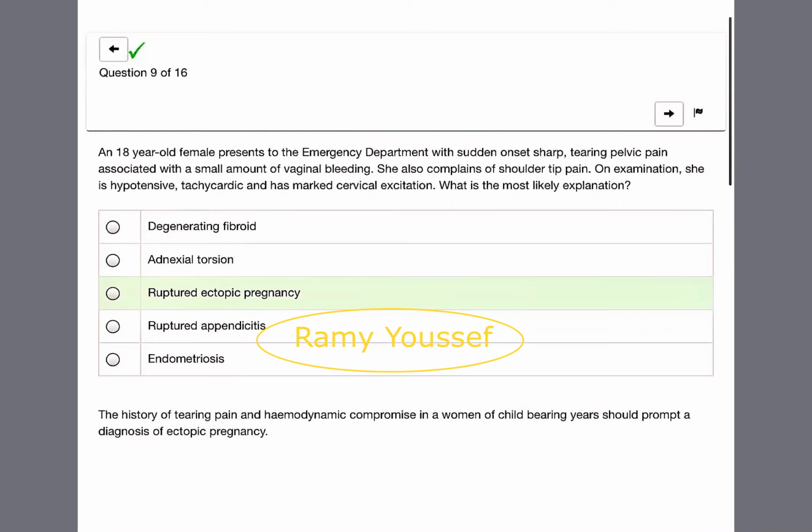Even in your practical work, any young patient with right iliac fossa or pelvic pain, even if you diagnose it as acute appendicitis, you have to do ultrasound and a pregnancy test for all fertile females before going for operation for appendicitis.